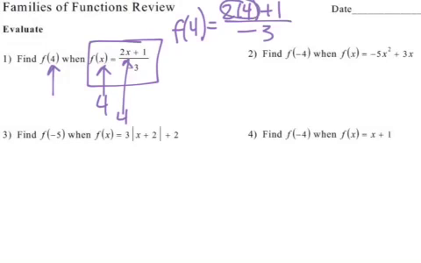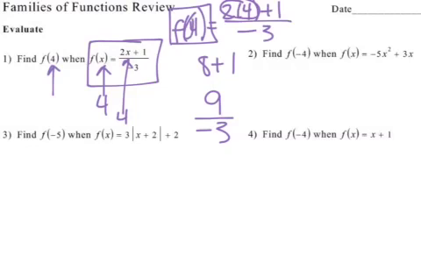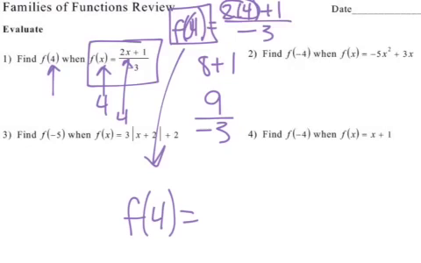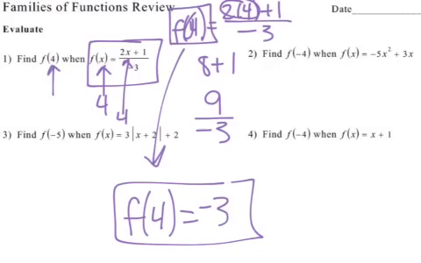Then we simplify. 2 times 4 is 8, plus 1 gives us 9. 9 over negative 3. And remember, this part is like we're saying, when the input is 4, the output is whatever we come up with. So we don't deal with that guy. We just stick him down here at the end. 9 divided by negative 3 is negative 3. So that tells us when we input 4, we get out a negative 3. Our x value is 4, our y value is negative 3. Input, output, all that good stuff.